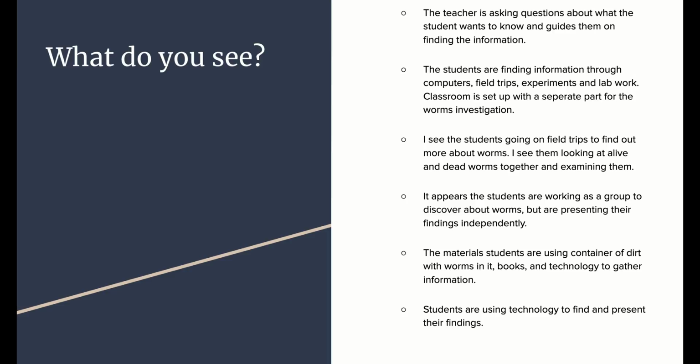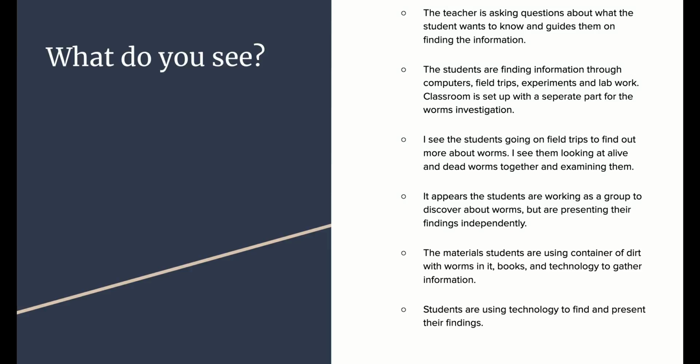They were able to find that information through computers, field trips, experiments, and lab work. They even had the classroom organized with a separate area for their worms investigation. The students go on field trips to find out more about worms, and they also had an experiment set up where the students were able to look at alive and dead worms and then figure out different information about them, like how they felt and how they smelled.